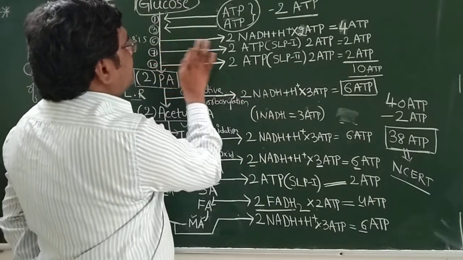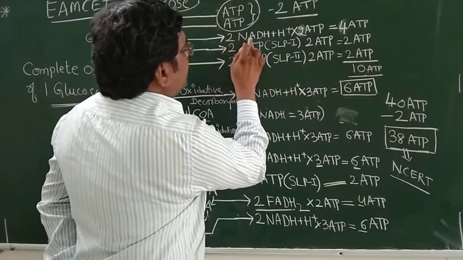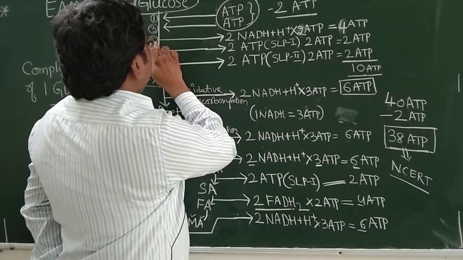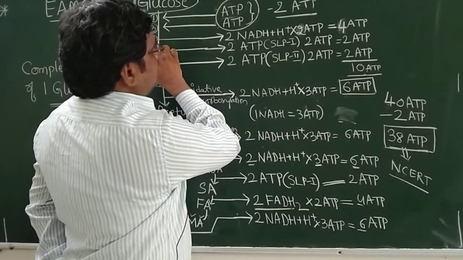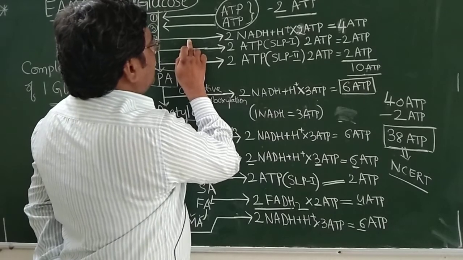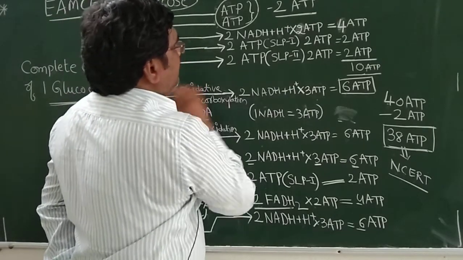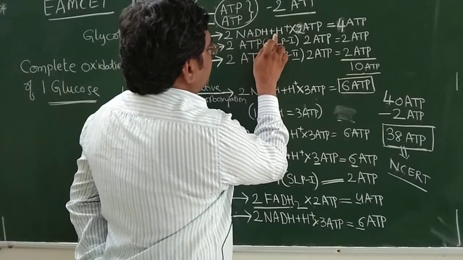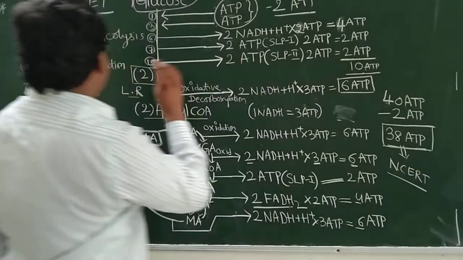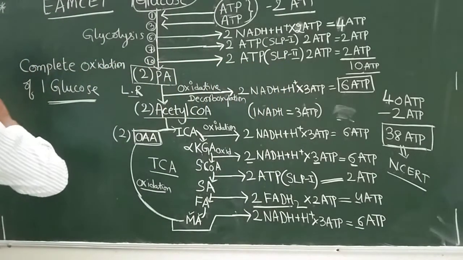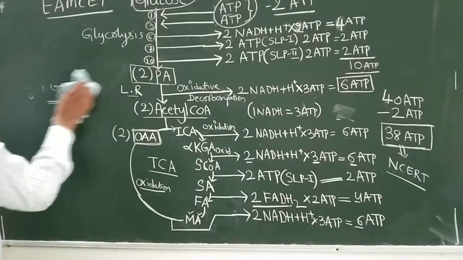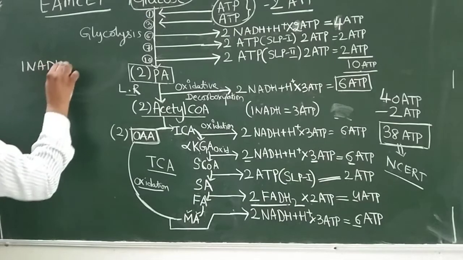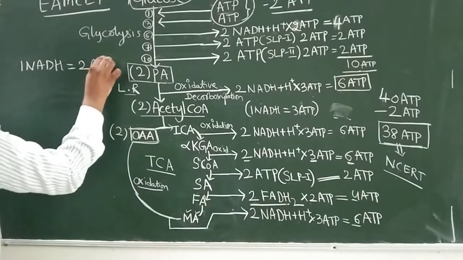At the 6th reaction of glycolysis, the oxidation of glyceraldehyde 3-phosphate, 2 NADH plus H plus are produced. So according to the Telangana state textbook, 1 NADH is equal to 2 ATPs.